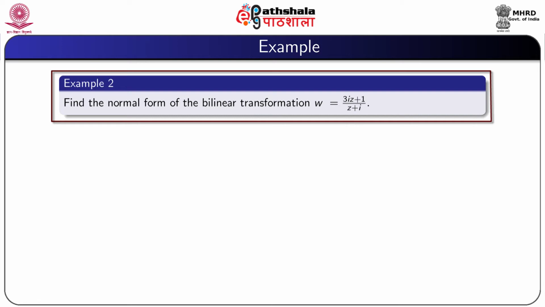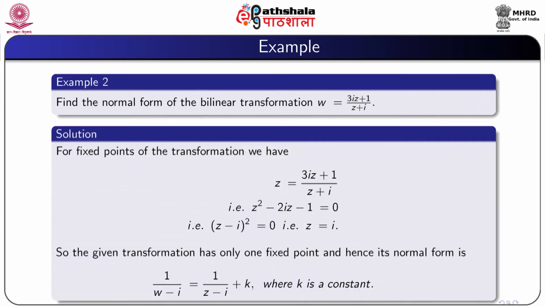So, another example, find the normal form of the bilinear transformation w equal to 3iz plus 1 by z plus i. For fixed points of this transformation, we have w equal to z, that is z equal to 3iz plus 1 by z plus i.